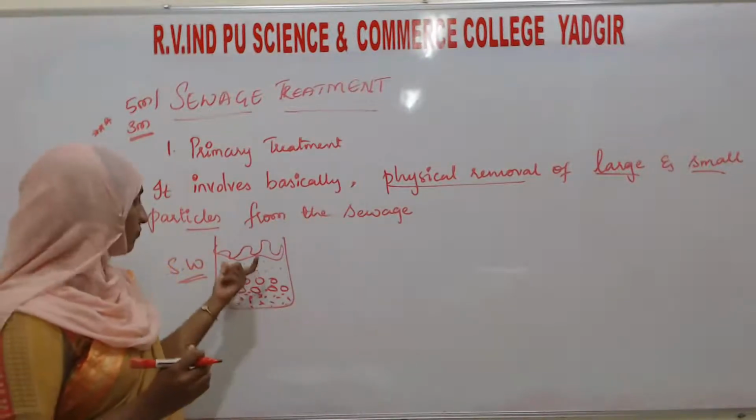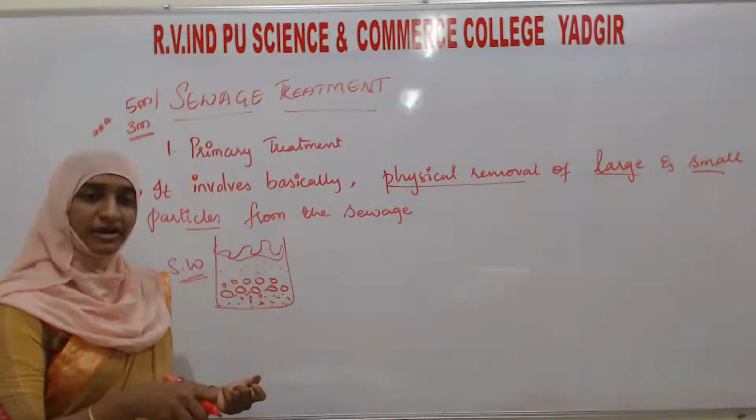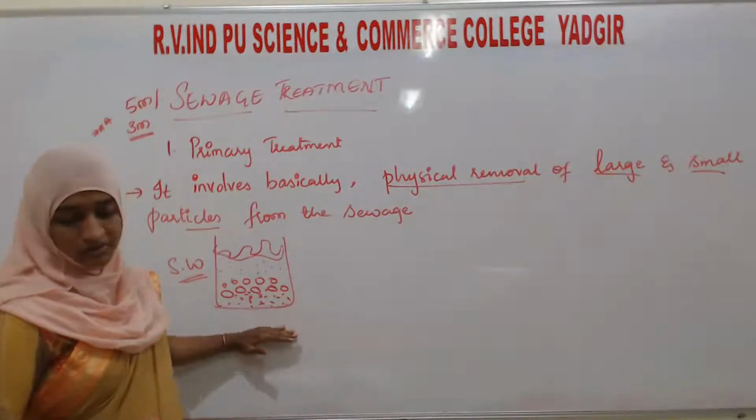What are they going to remove? The large particles which are floating on the surface, as well as the small particles which are submerged at the bottom of the sewage water.